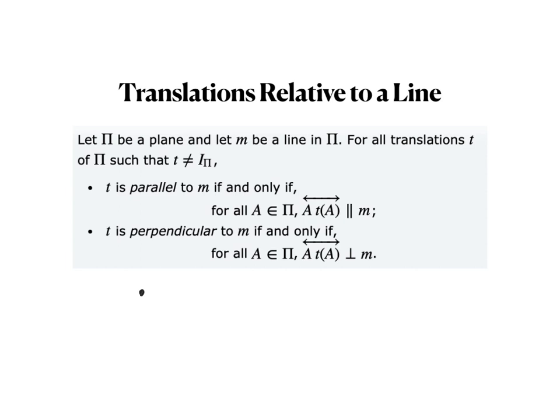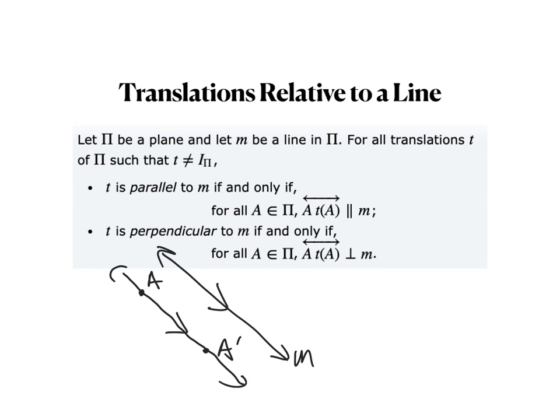If I have a point here, A, and it translates to A prime, and I consider the line that joins those two points, I would say that this line M is parallel to that translation, provided that M is parallel to the path of translation.